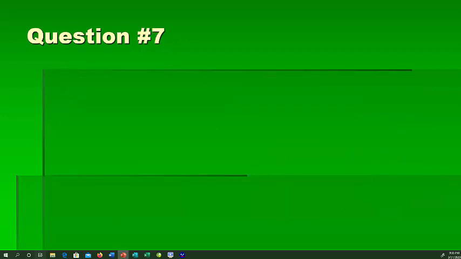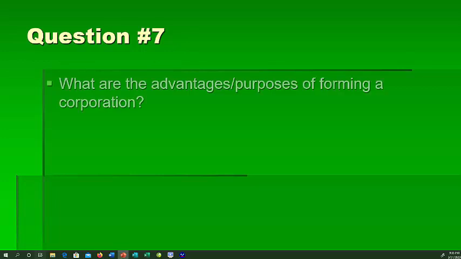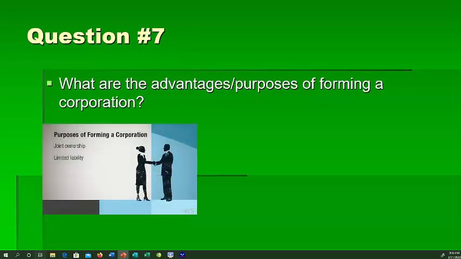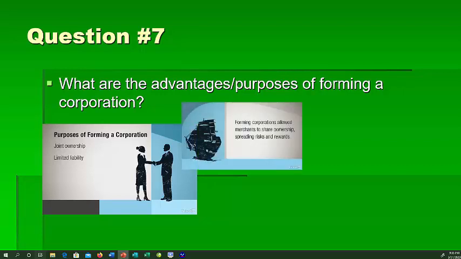Question 7. What are the advantages and purposes of forming a corporation? So, the purpose of forming a corporation, with multiple business owners, is again providing structure and limitation on liability. I know that Dana talked about setting up corporations.